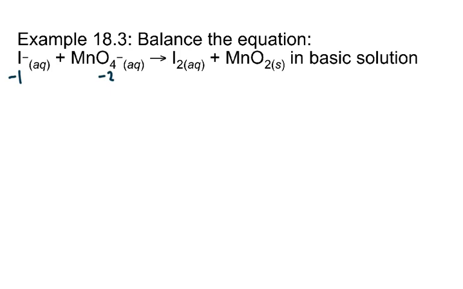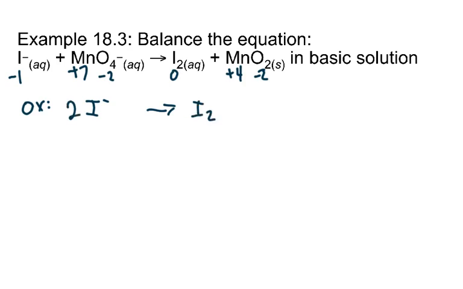We need to add up to -1, so my manganese there is a +7, I2 is 0. This oxygen is still a -2, which means this manganese is a +4.